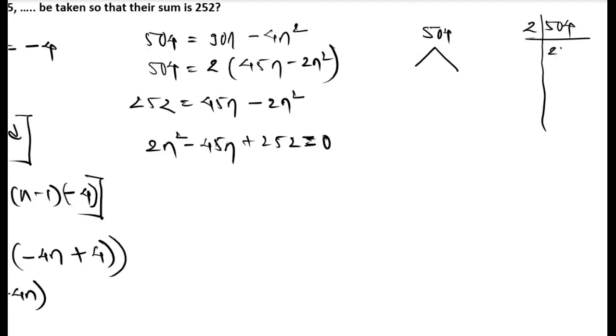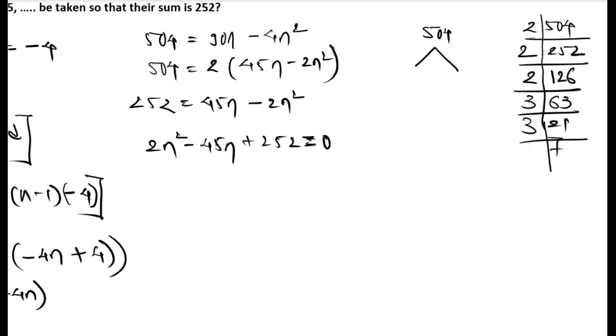So 252, 2 ones are, and this will be 2 sixes are. 2, 63s are, 3 21s are, 3 7s are, and 7 ones are. So these are the factors. Now I have to take two factors out of these such that the sum of those factors is minus 45 and the product is plus 504.